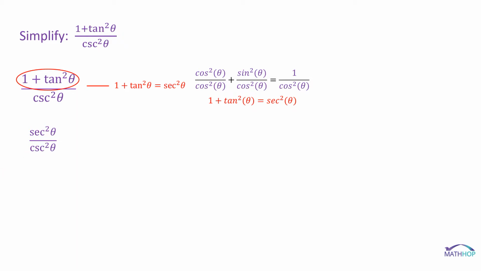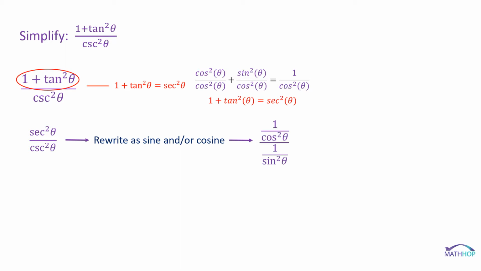I can definitely take that expression and rewrite it in terms of sine and cosine. And when I do that, I know you're thinking, well, it might get a little bit ugly because what is secant? Secant is 1 over cosine, so secant squared is 1 over cosine squared. So I'm going to replace my numerator with a fraction, but it's really going to be okay. And cosecant squared, that's going to be 1 over sine squared.